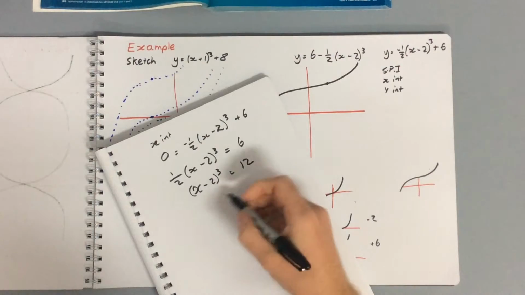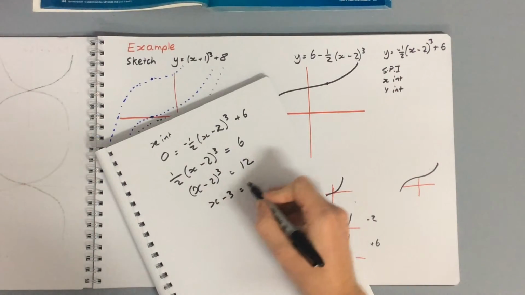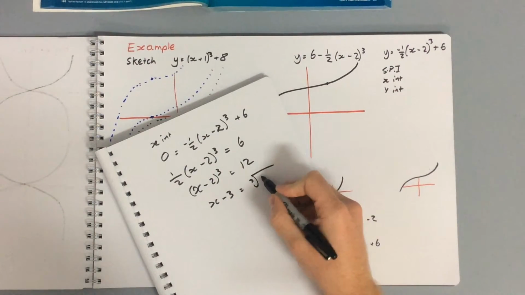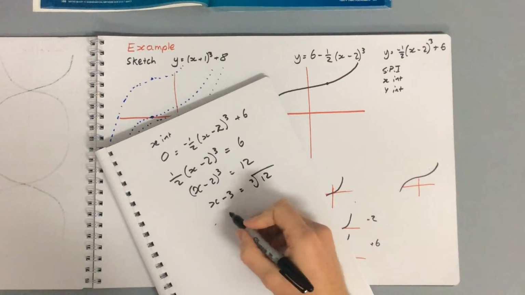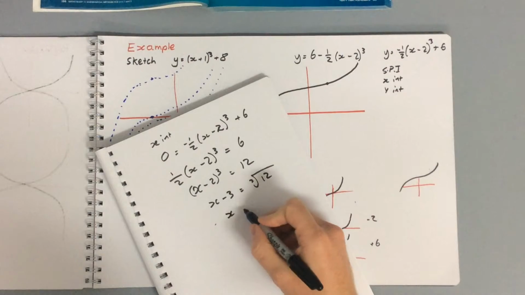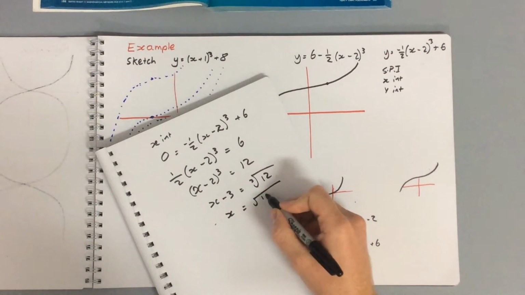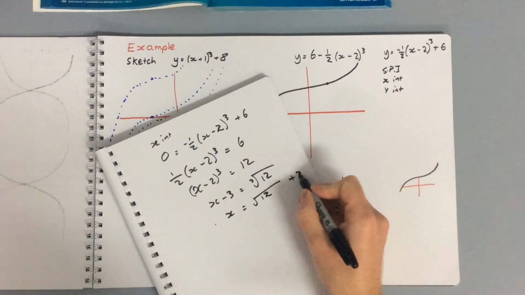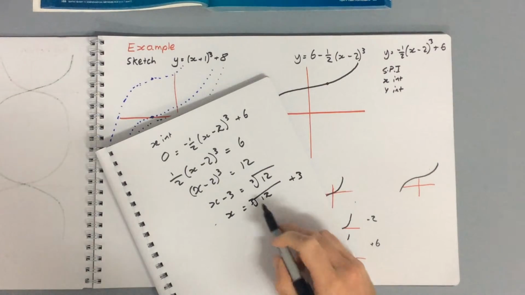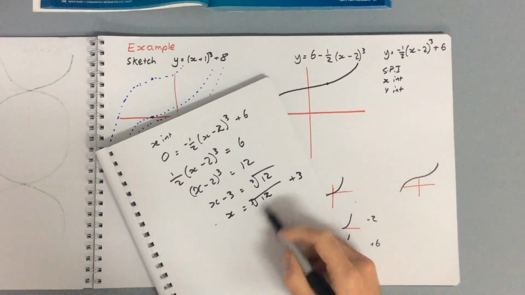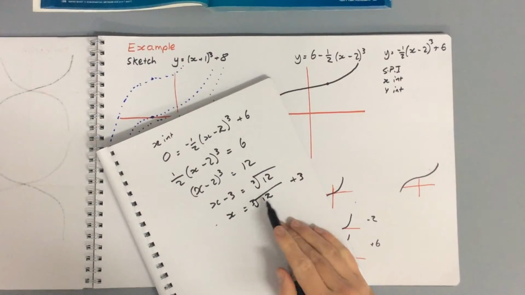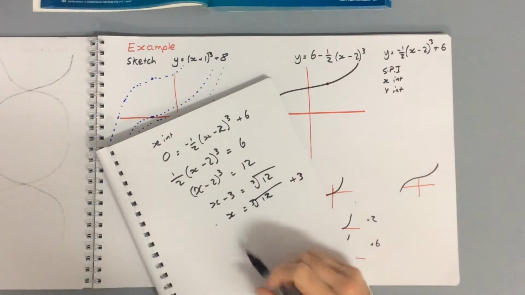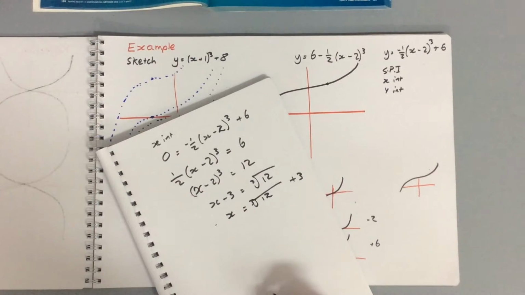Cube root it, and we'll plus 3. Cube root of 12, that's not easy. Just leave it as that for the moment. So here's our x-intercept.